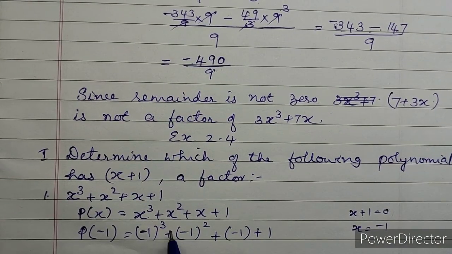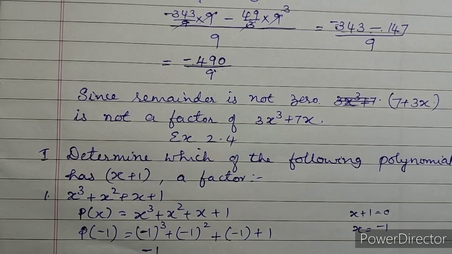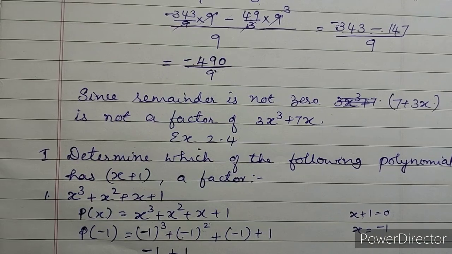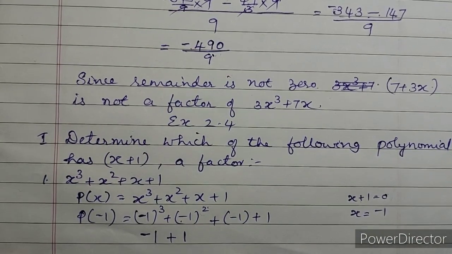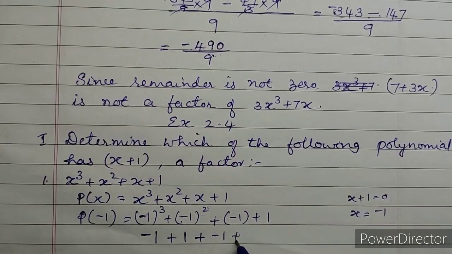Minus 1 whole cube, 3 times, odd number of times if a negative number is repeating, the answer will be negative. 1 into 1 into 1 is 1 only. Plus, even number of times a negative number is multiplied, then the answer will be positive. Next, plus negative 1 plus 1.